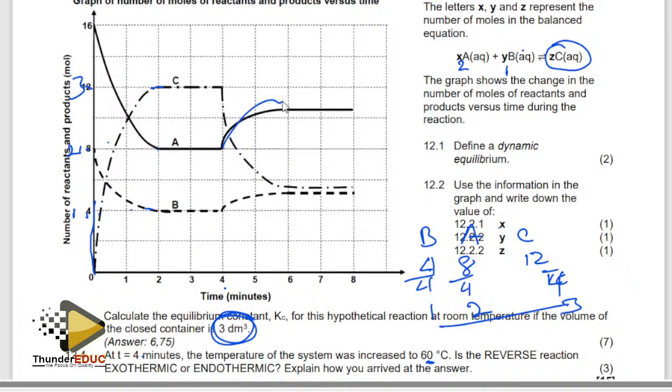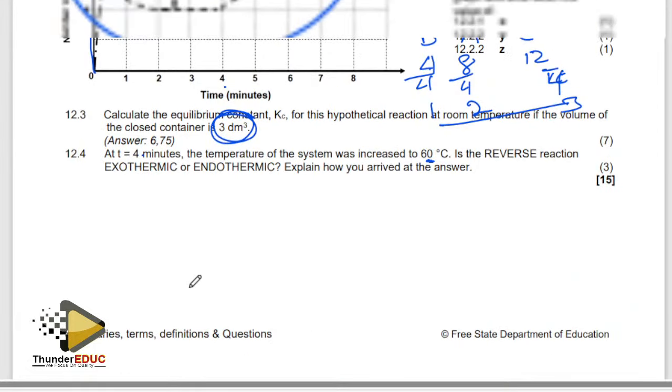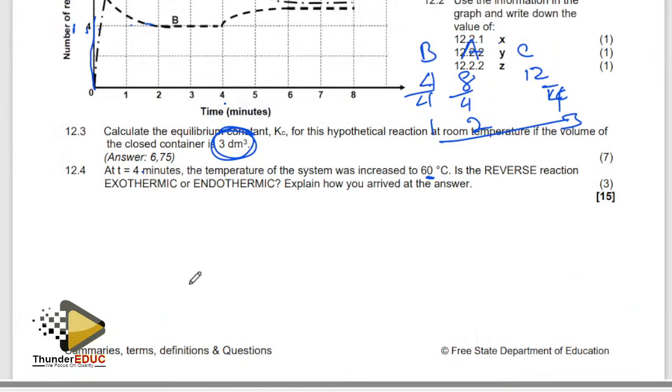Then it reversed. You see? So since it has reversed, what does it mean? So it means that it is an endothermic reaction, because the temperature of the system was increased to 60, and is the reverse reaction endothermic or exothermic?